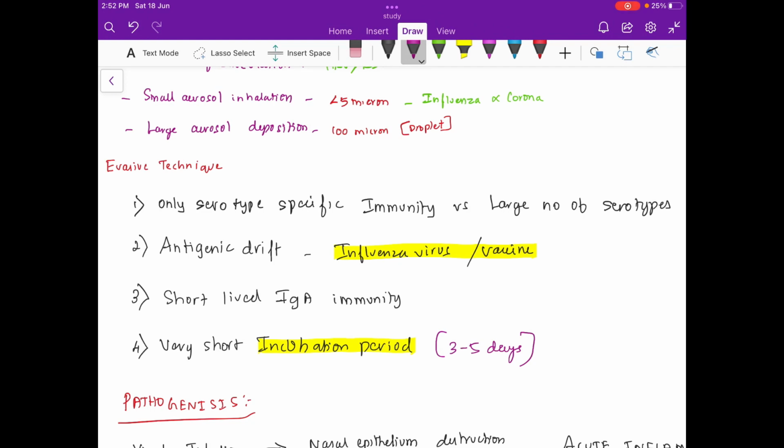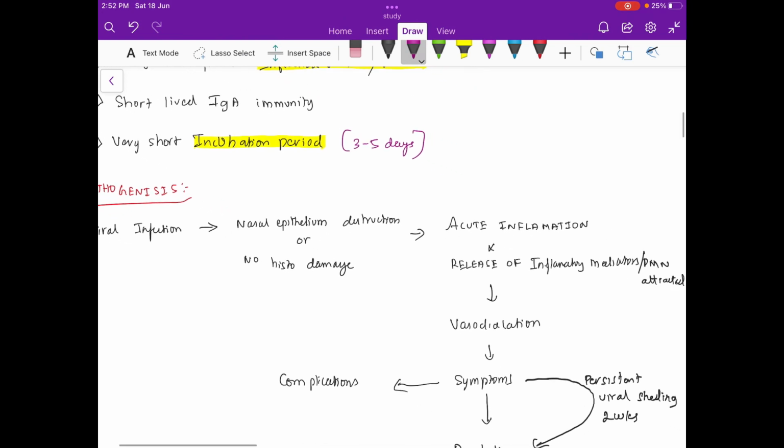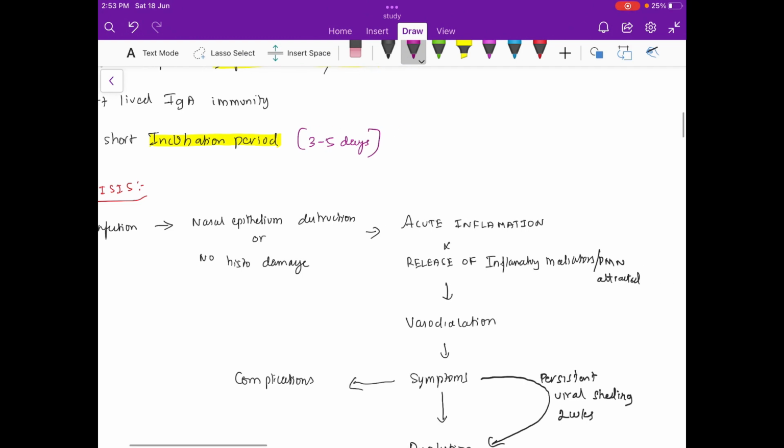Pathogenesis of the viruses. The viral infection of the nasal epithelium, the pathogenesis of the virus, we can understand this. The virus gets introduced into our upper respiratory tract. Either there is nasal epithelium destruction or there will be no apparent histological damage. Acute inflammation and release of inflammatory mediators do happen, and the polymorphonuclear cells get attracted to the point.